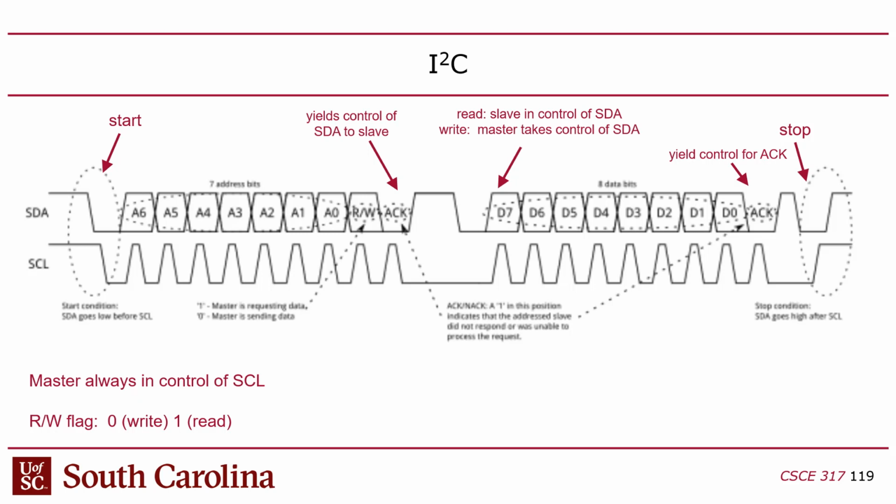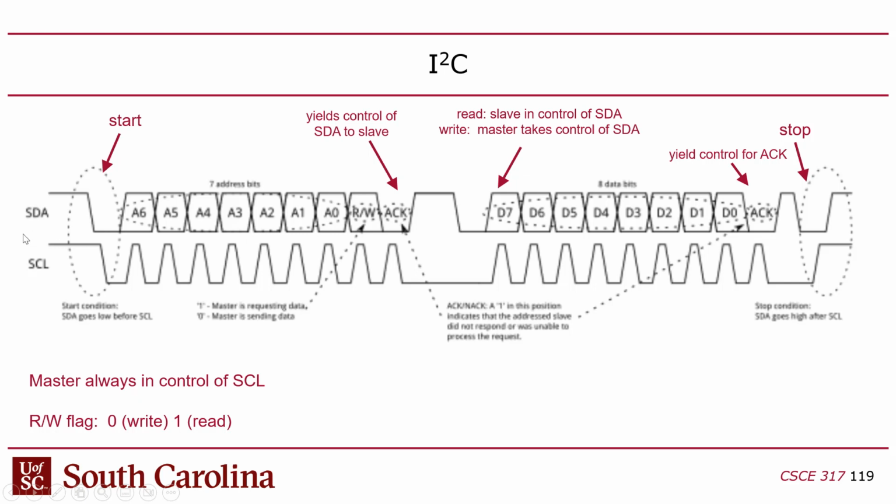If you have a start bit, that's the time you pull the data down when the clock is high. That's a special circumstance. Likewise, the stop is when the data has a rising edge when the clock is high. So the data falling when the clock is high is the start, and the data rising when the clock is high is the stop.